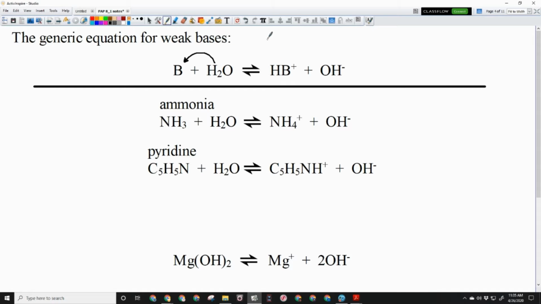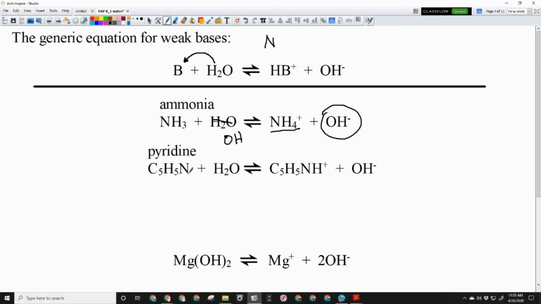So, for example, if we had NH3, one of these hydrogens is going to come over and bond. And so it's going to make NH4. And then what's left over here is OH. Now remember, OH, hydroxides, are what makes a base a base.